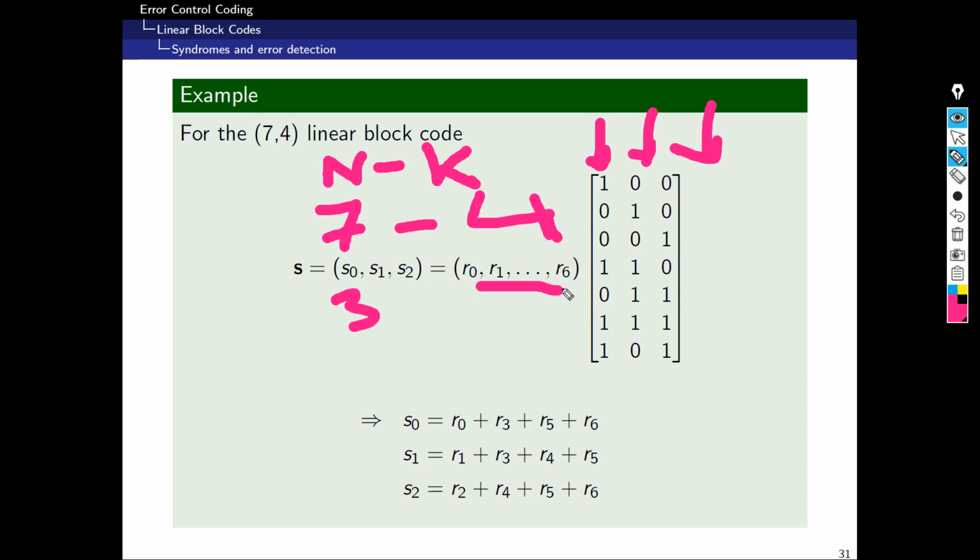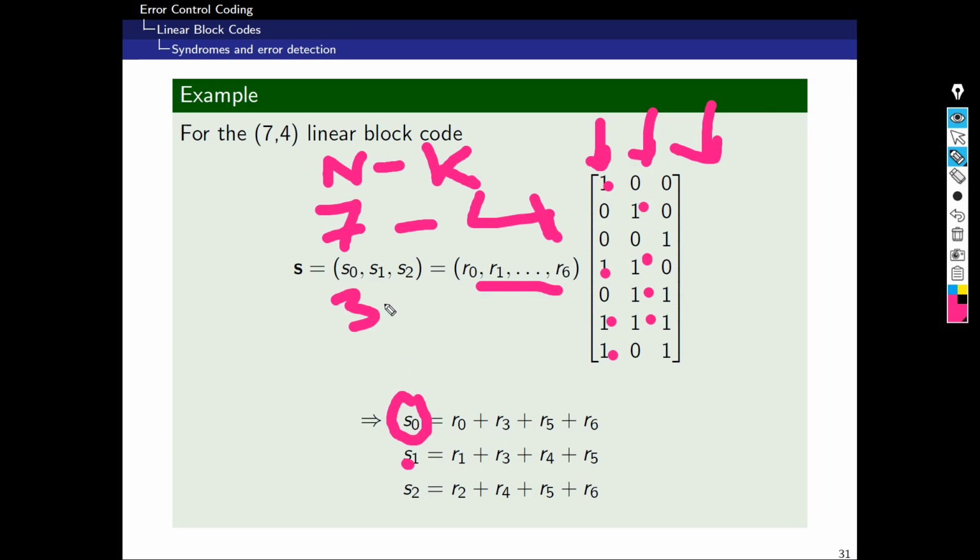The received vector with the first column gives you S0, which is equal to R0 plus R3 plus R5 plus R6. And S1, which is the multiplication of the R vector with the second column, is equal to R1 plus R3 plus R4 plus R5.